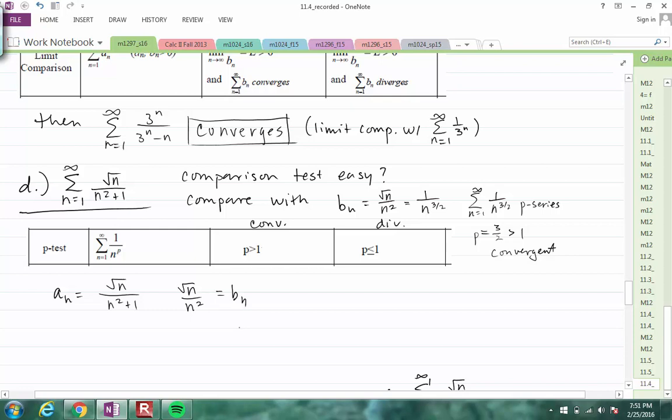And now I'm going to play the comparison game. I've got the same thing on top, square root of n, so that's equal footing, but down low I've got a slight difference, n squared plus 1 versus n squared. So comparatively, the denominator of a sub n is bigger than our b sub n, so I'm just going to label them big and small in that way to get the relative differences in here.